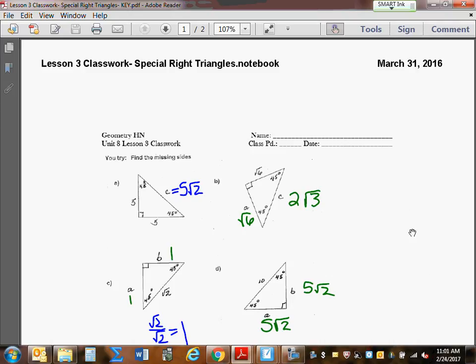How did I get what? Okay, so this is a 45, 45, 90. So root 6 times root 2 is root 12, and then you have to simplify everything. Other questions on the ones you see right now?